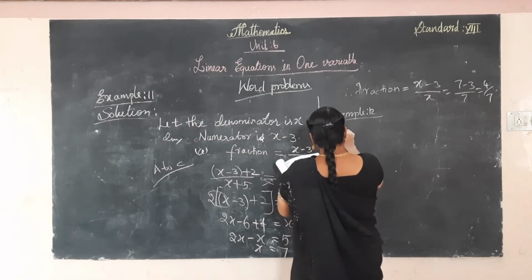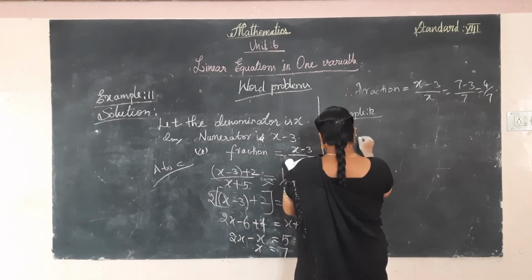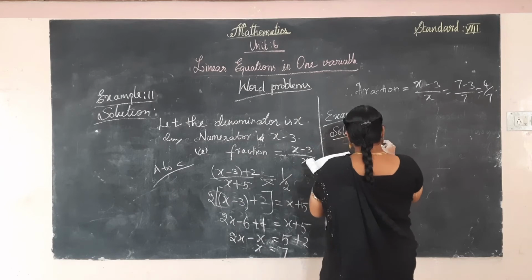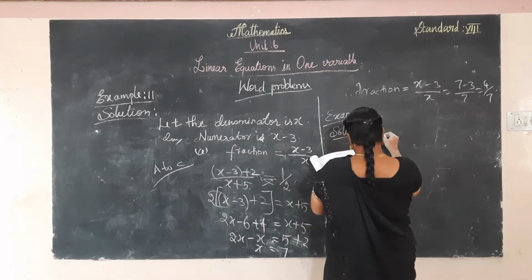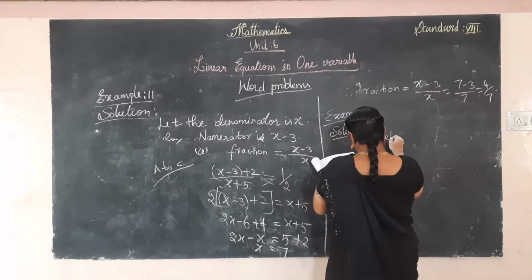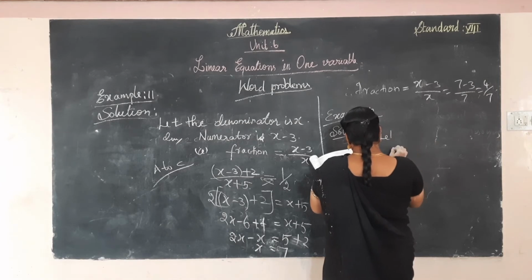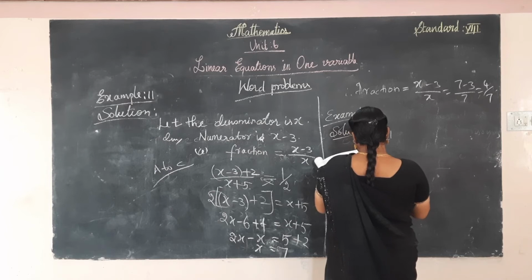So, solution. Given, let the breadth of the given rectangle be x. The length of the rectangle is 9 centimeter more than the breadth.